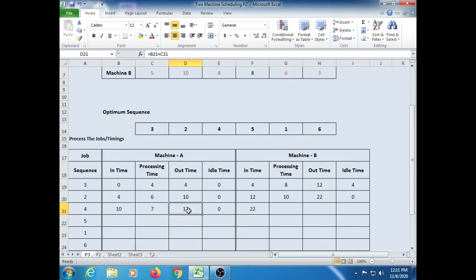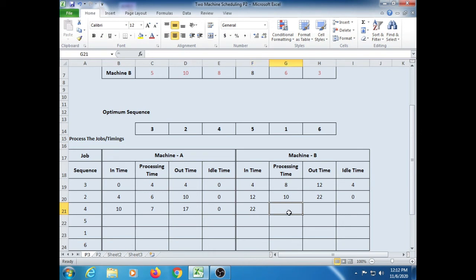Comparing with the 17, 22 is the max. Okay, that means at the 17th hour the job is ready to perform on machine B, but at the 17th hour machine B is not ready. At the 22nd hour the machine will become ready to perform the next job, even though the job is ready. Okay, so at the 22nd hour we can process the job.